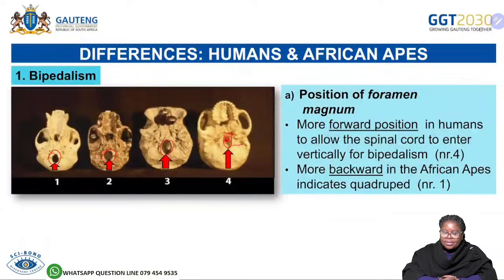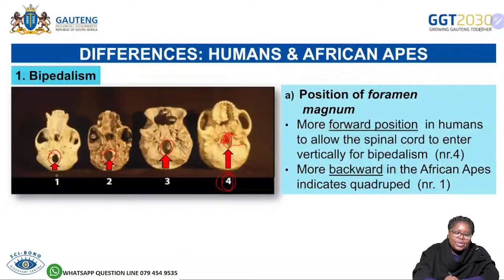So with bipedalism, that indicates movement using what? 2 legs. Okay? But then if you compare the position of the foramen magnum of skull 4 with skull number 1, with skull number 1, the foramen magnum is in a more backward position.